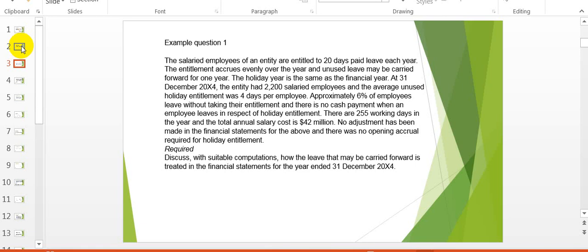There are 255 working days in the year, and the total annual salary cost is 42 million. The question requires us to account for the leave entitlement carried forward at the end of the financial year.